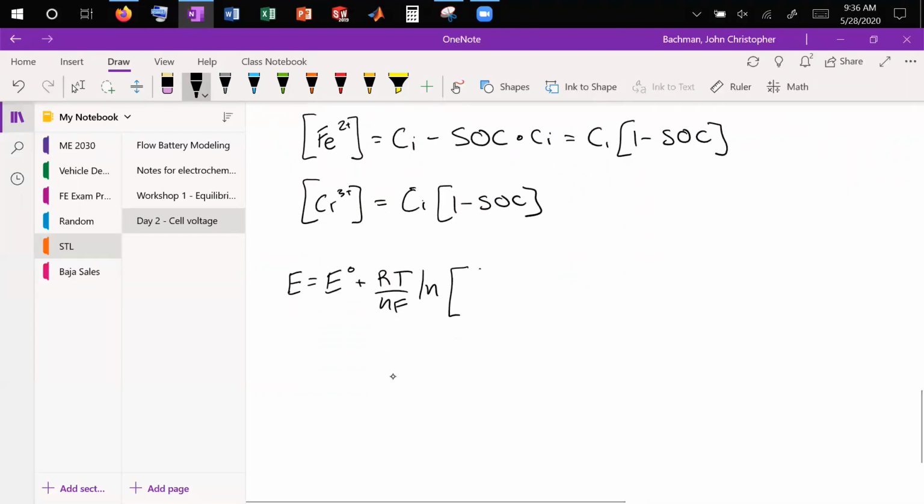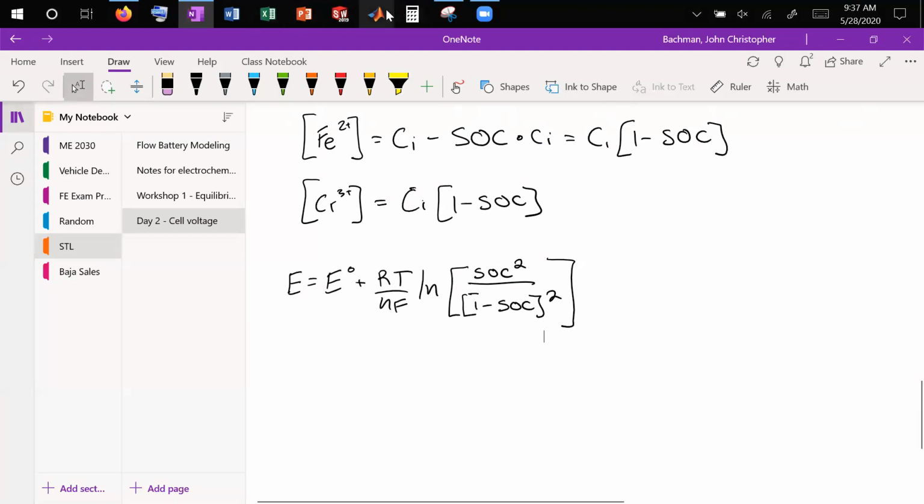So I'll have the state of charge squared over 1 minus the state of charge squared. So let's try that, and let's see if we can predict the voltage versus state of charge curve for the battery.